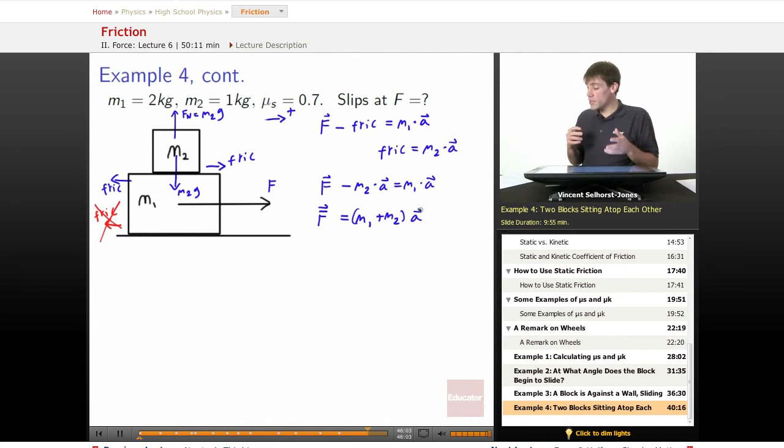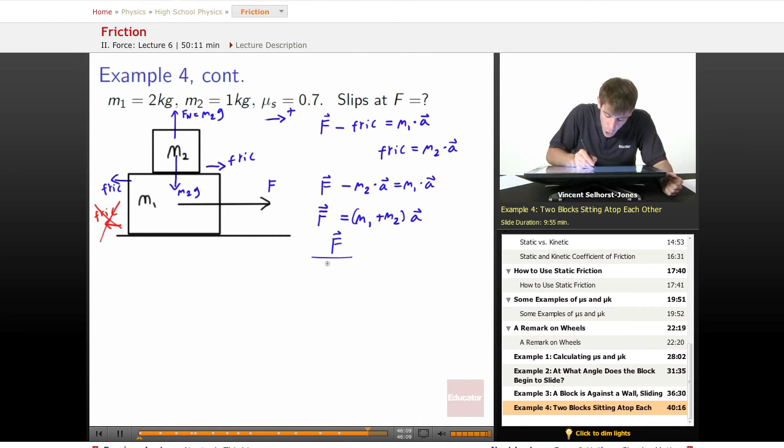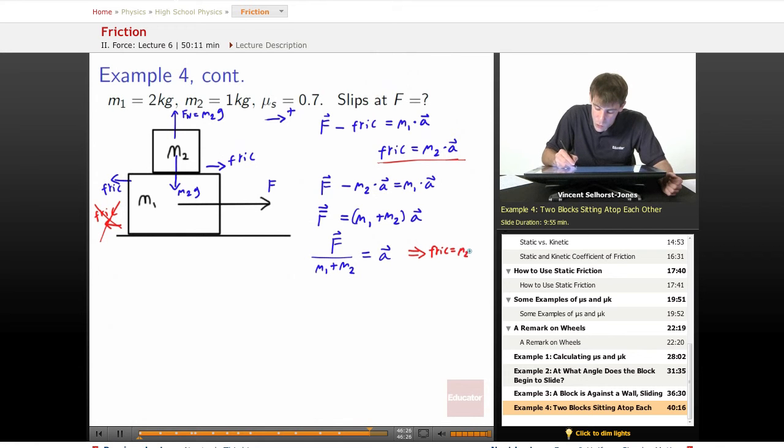All right, we can sub that back in though, and we can now figure out what is friction. So F over M1 plus M2 equals the acceleration. We plug that back in to this formula right here, and we get that the friction is equal to M2 times F over M1 plus M2.